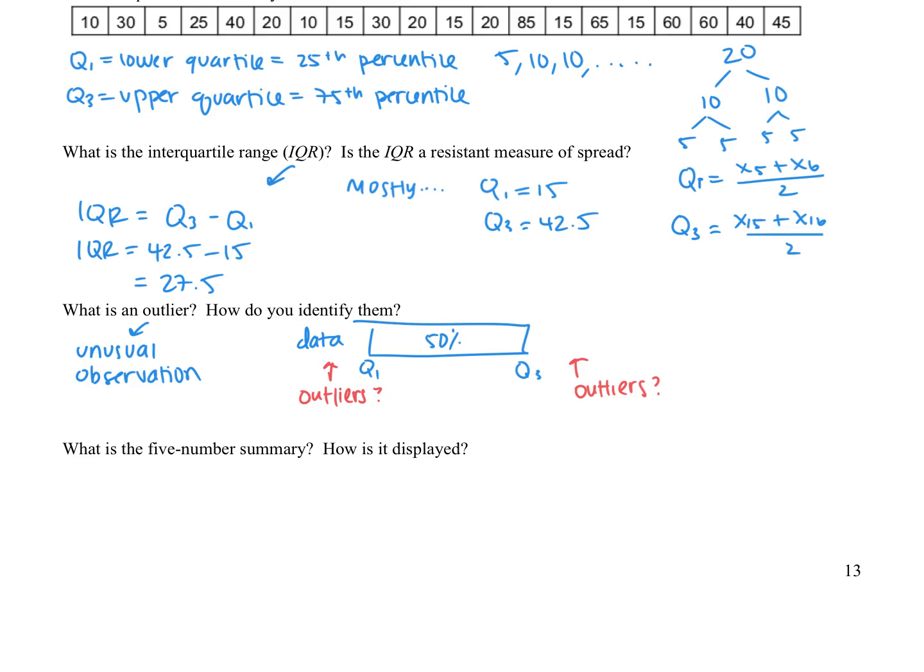So we can't use Q1 as a cutoff. Likewise, 25% of the data is above Q3. So we can't use Q3 as a cutoff. What we can do, though, is if we take Q3 and we add 1.5 times the IQR, that is the cutoff for an outlier. On the lower end, we take Q1 and we subtract 1.5 times the IQR. Anything outside of those two numbers is an outlier.